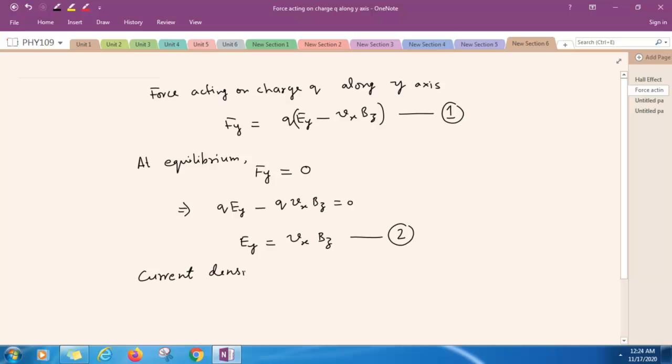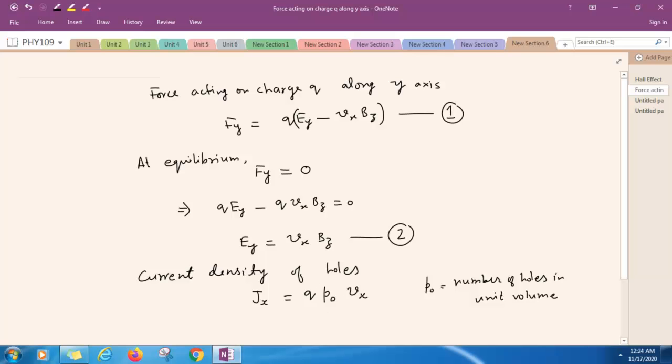Current density of holes, let's suppose it is Jx. J is equal to Q P naught Vx. What is this P naught? P naught is the number of holes in unit volume, or you can say hole concentration.